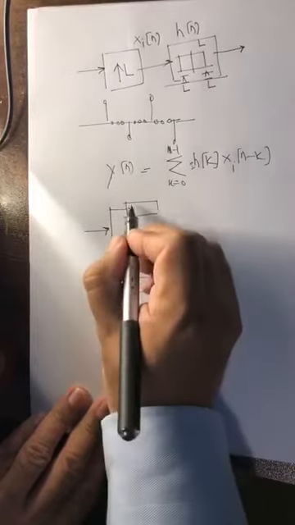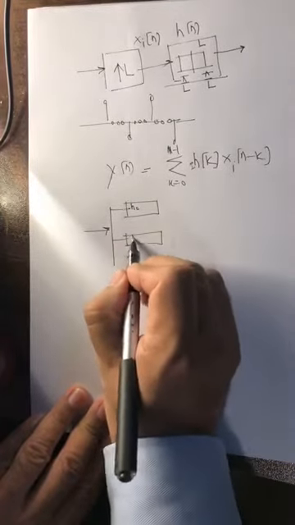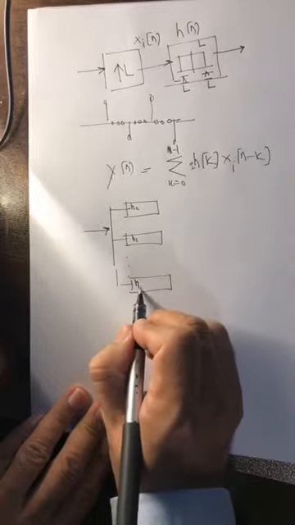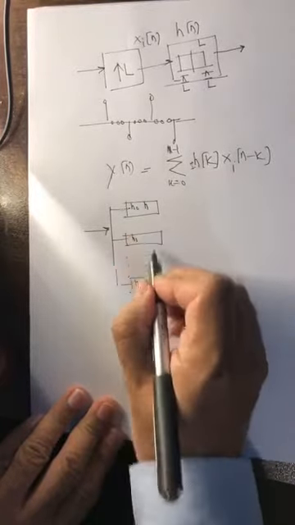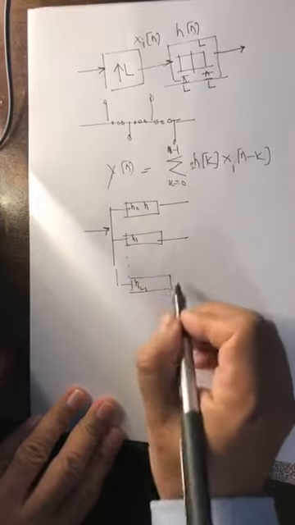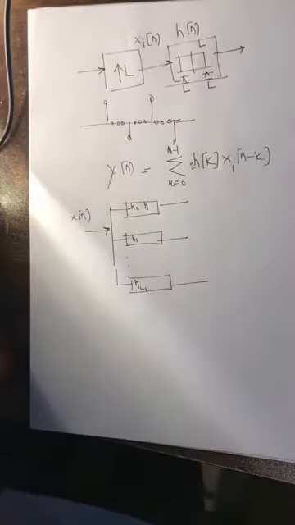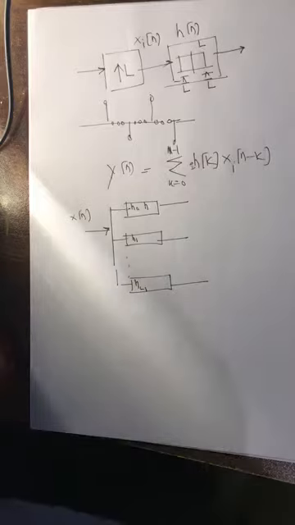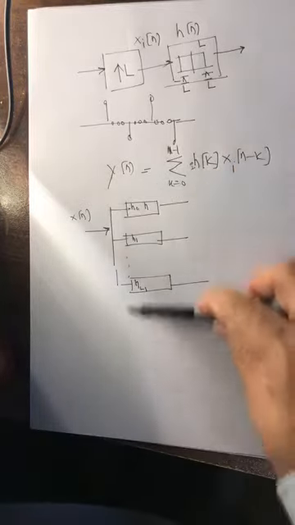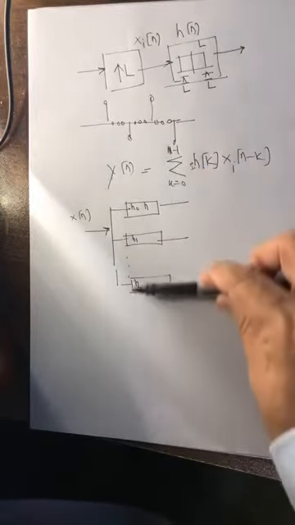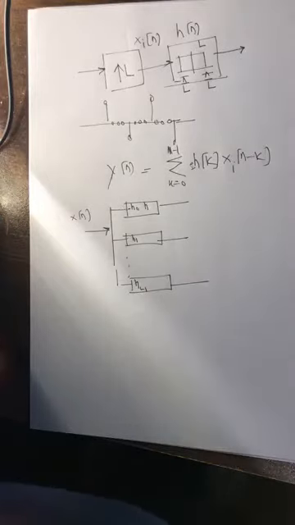We have seen that you give the first coefficient to this, the second coefficient to this, the L minus 1 coefficient to this, then again, so you distribute and you convert your filter into L number of filters by splitting the filter into L branches. Simple, right? Absolutely no problem.